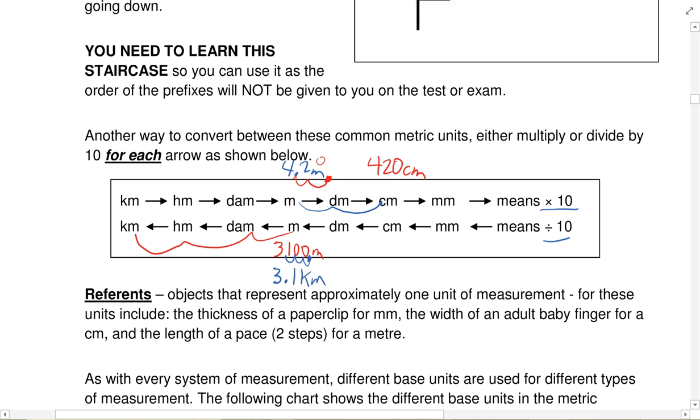So the digits will be the same, but you're going to have to add or subtract zeros, okay? And that's because it's a base 10 system. That makes it easier to use, which is why it's so widely used around the world.